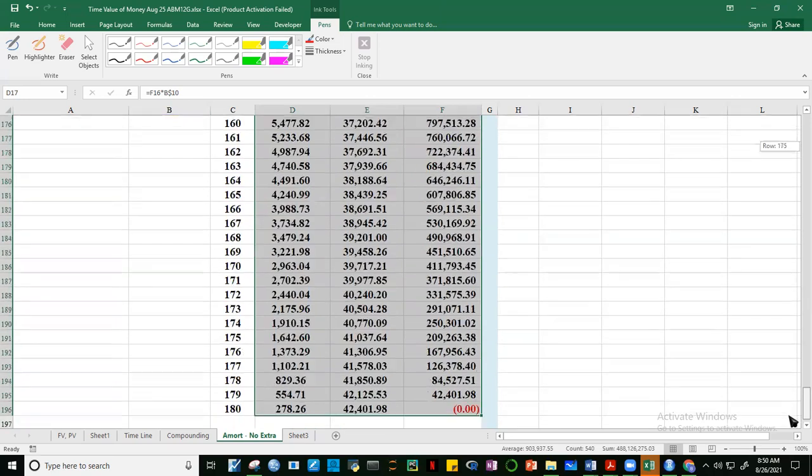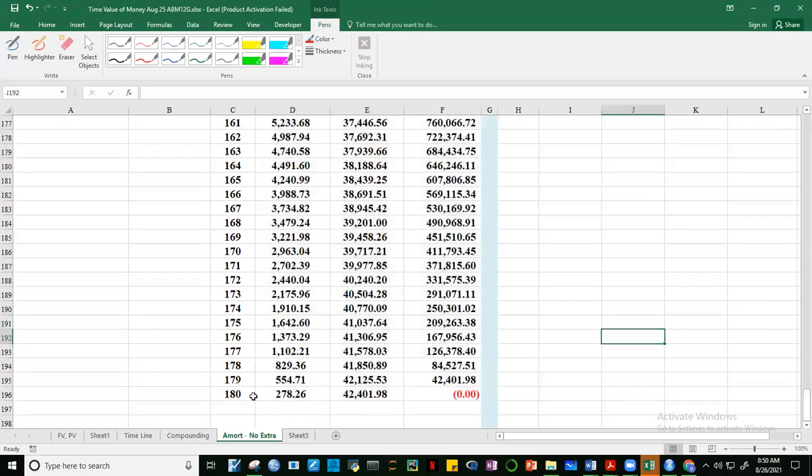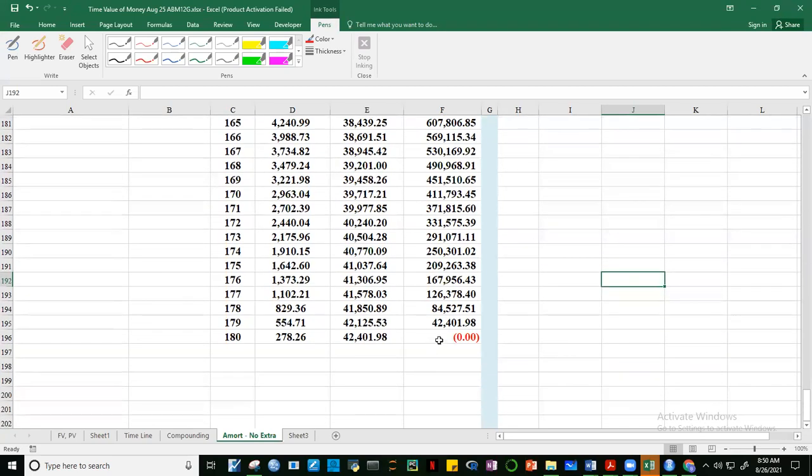And then when we get to the 180th month, notice guys, wala nang principal. Fully paid na. Zero na siya, no? We might wish to take the interest. Magkano yung total interest?